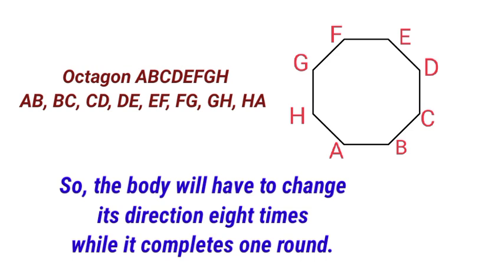Since the body has taken a turn, first it was AB, then BC, and the same thing happens at the points D, E and so on. Since at every point the velocity is changing because there is a change in direction, the body has to change its direction 8 times while it completes one round.